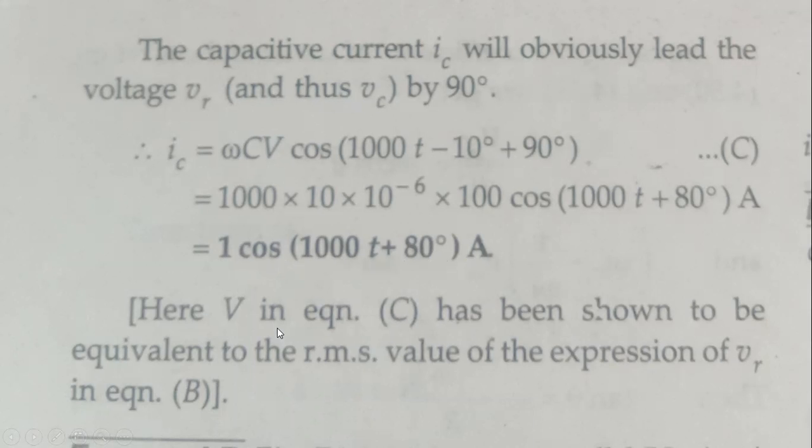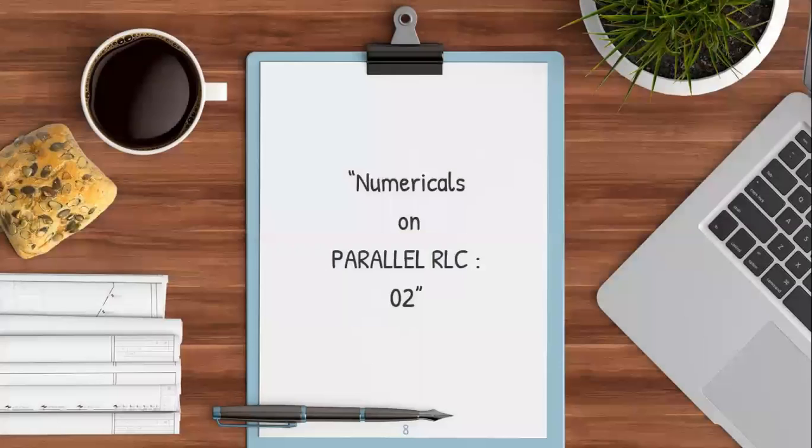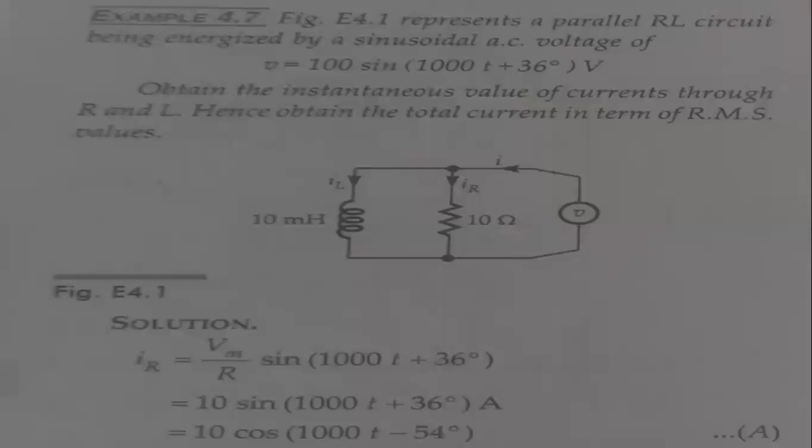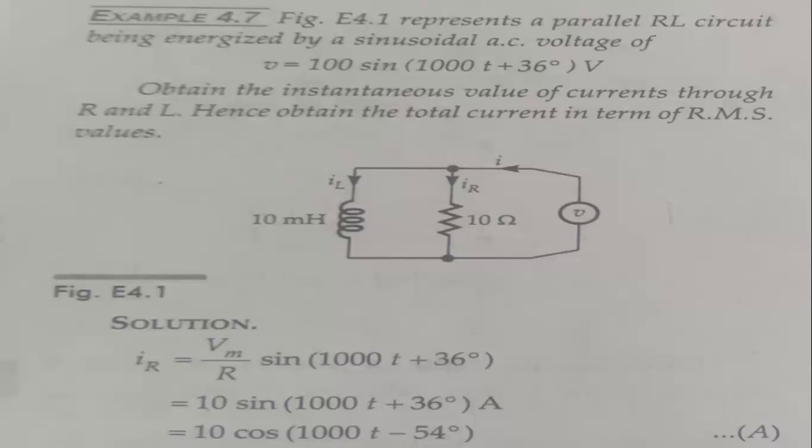So go for the second unit. Numerical number 2, which is related to the parallel RL circuit response in steady state. So what is that numerical?